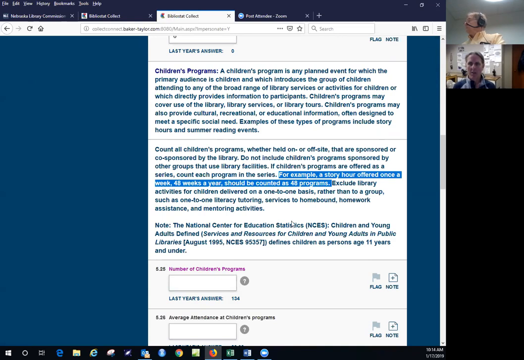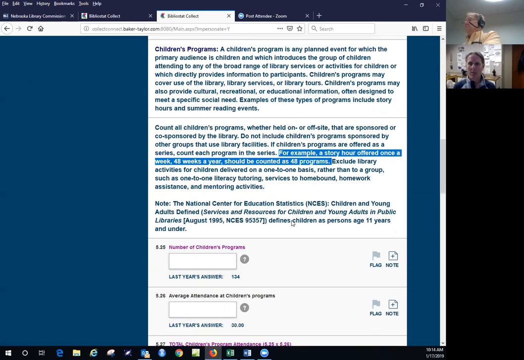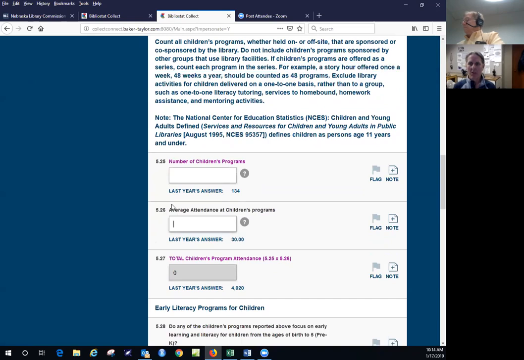The other thing to note is for the average attendance here, you count everyone that shows up at this children's program. So if you have a story time for toddlers and you have 5 toddlers and 5 parents that show up for that program, you count that as 10 for the attendance.